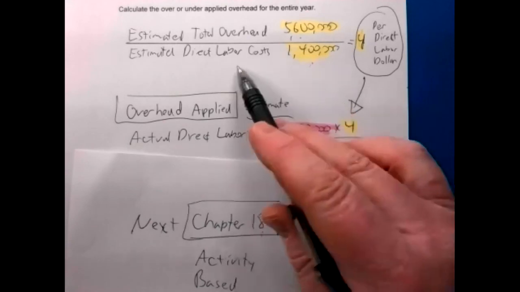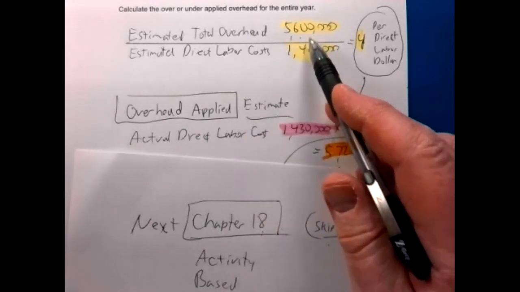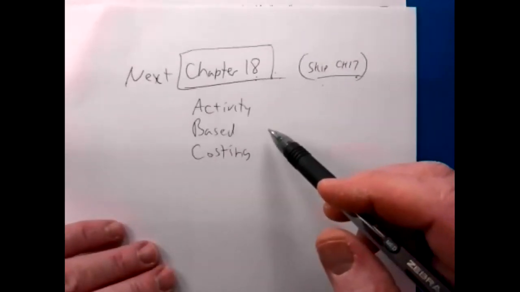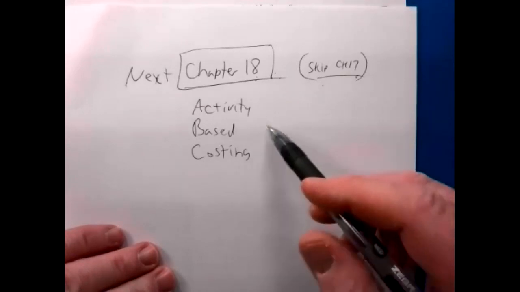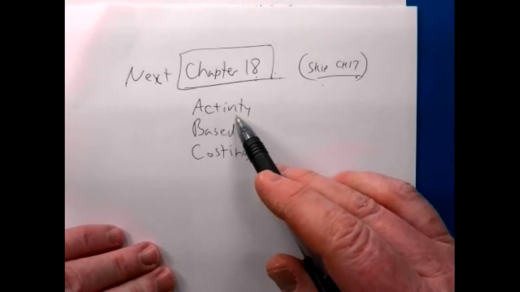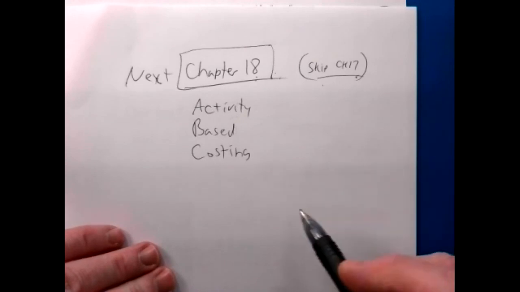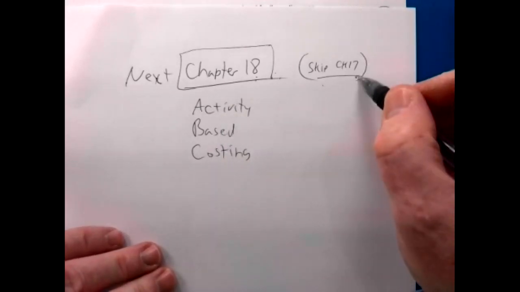What we're doing here is fine. It's what they did for years, and some companies still use this, but if they have any major cost in overhead, activity-based costing is what they'll be using. This will be more applicable to most of you on your jobs in the future. So we're not going to do 17 next week. We're going to start at 18.